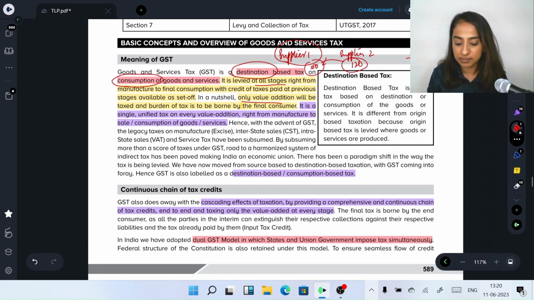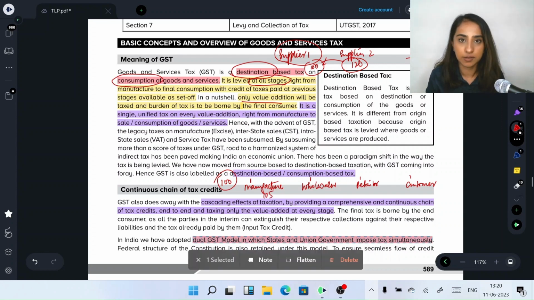As I explained earlier, if GST is levied on every stage, let's just take a simple example. So what did we study here? It is levied at all stages. Let's say 5% GST is levied at all stages and the cost of the product is 100. So it is 105, 100 plus 5%.